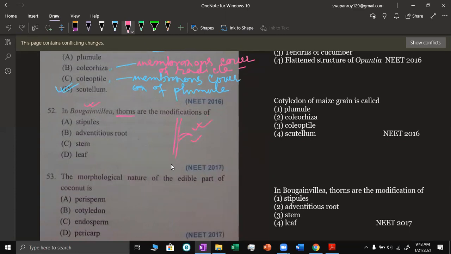So in this case it is the stem. Thorns are a modification of stem. Spines are a modification of leaf.